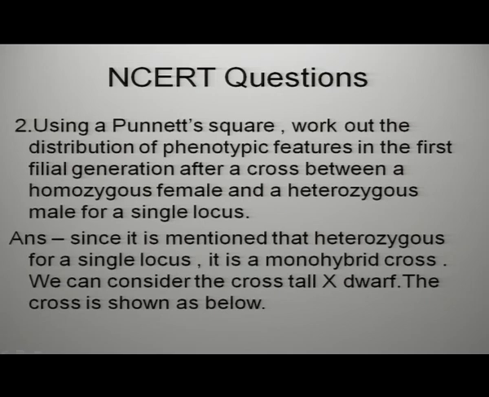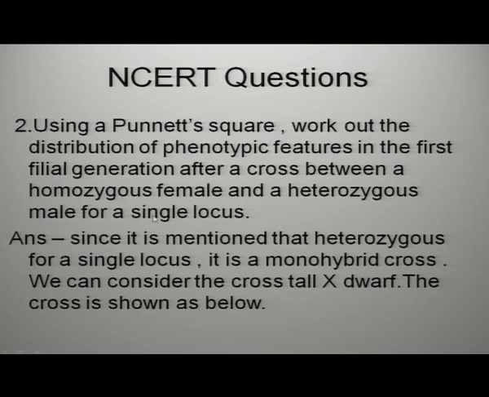Now, here are some questions from your NCERT textbooks. Using a Punnett square, work out the distribution of phenotypic features in the first filial generation after a cross between a homozygous female and a heterozygous male for a single locus.